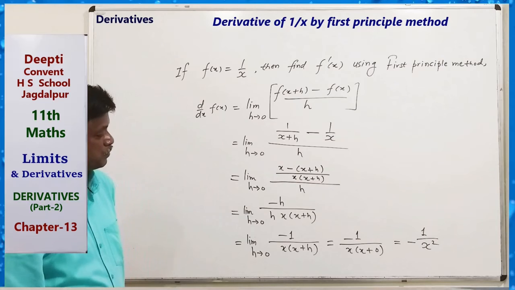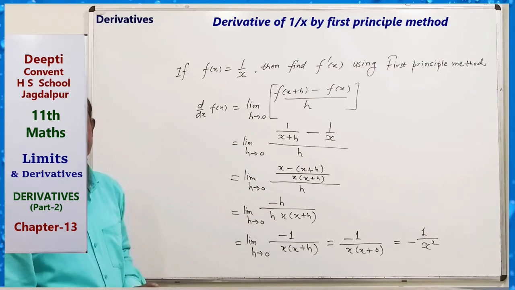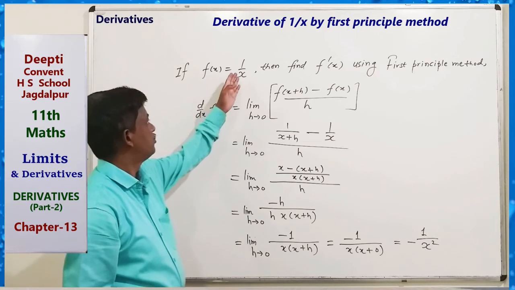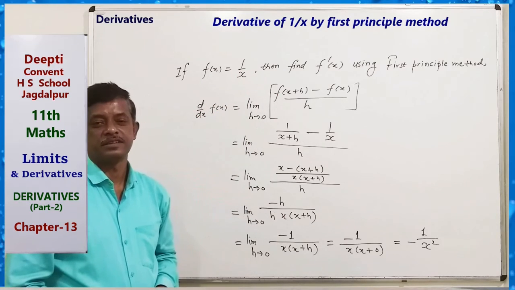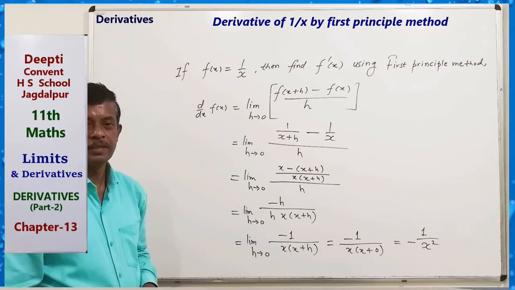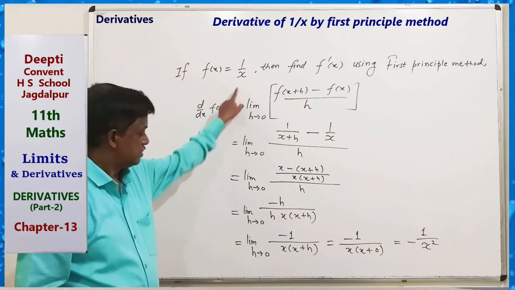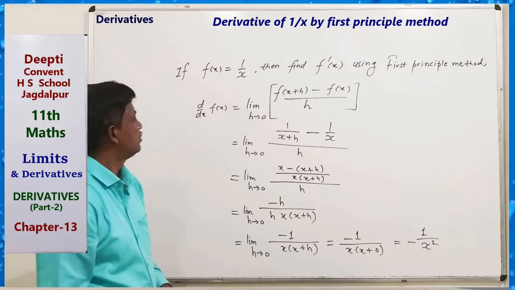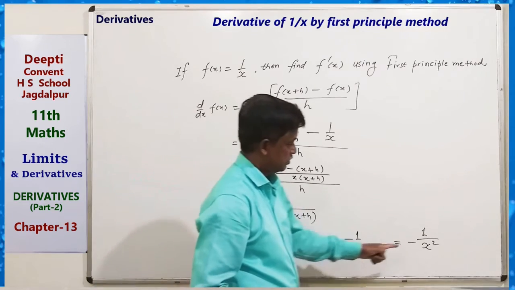Okay, so this is the derivative of 1 by x: minus 1 by x square.